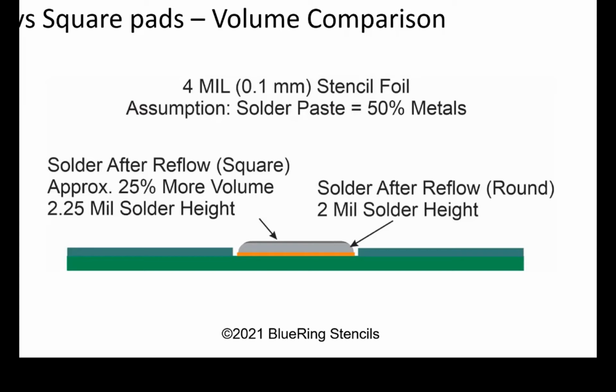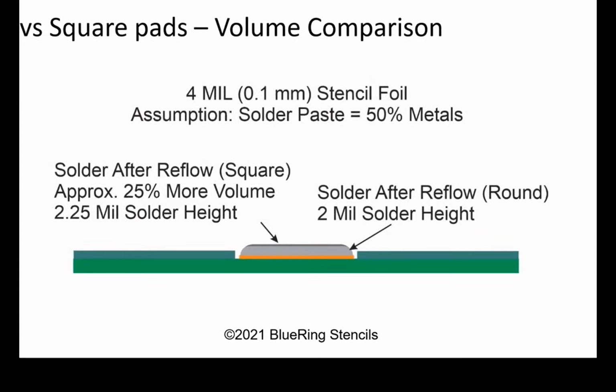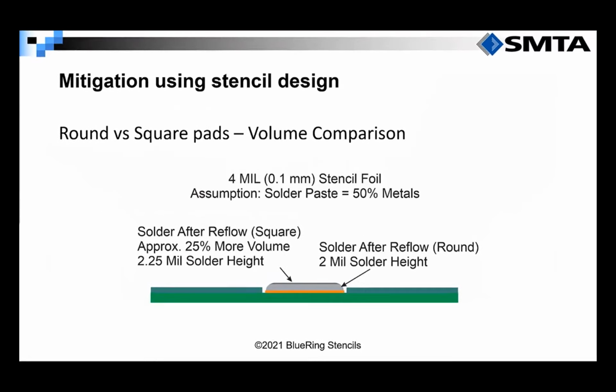And as that paste pulls back, the overall height of the solder paste increases. Then the volatiles will burn off and dissipate, and the resulting solder metallization would be 12.5% higher, or in the case of a 4 mil print foil, an additional 0.25 mils will be added to the deposit height just by changing the aperture shape from round to square.